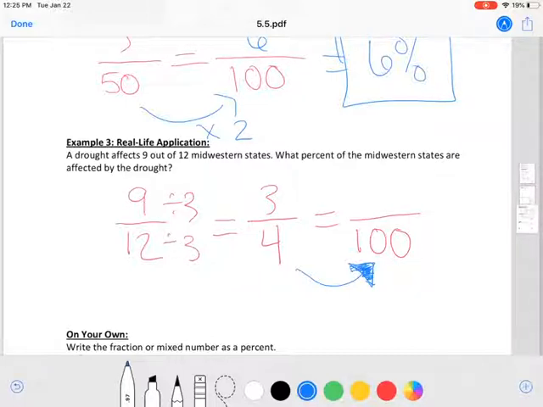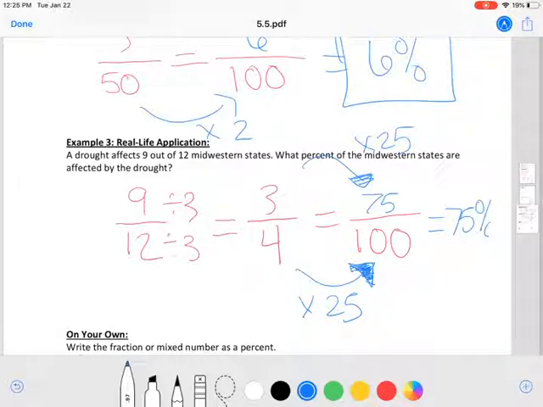So what times 4 equals 100? Well, we have multiplied by 25. And we have to multiply the top by the same thing. And if you multiply 25 by 3, you're going to get 75. And 75 over 100 as a percent is 75%.